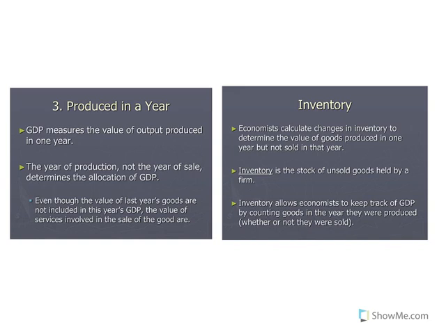Now, going back to my example of the automobile, let's say you had a car that was produced in 2012, but it didn't sell until 2013. So we know that the actual value of the car was included in 2012 because that's the year it was produced. When it was sold in 2013, even though the value of the car was not included in GDP, anything additional that was sold with that car would be included in GDP.